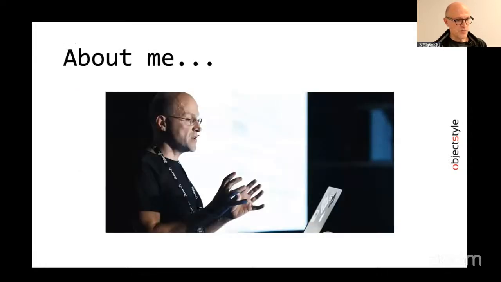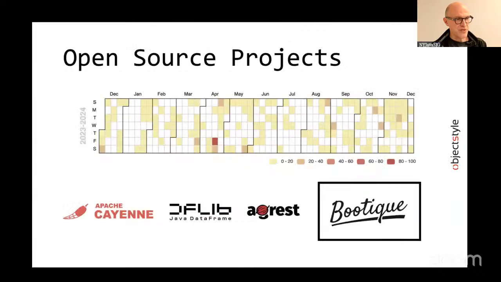Okay, I promised to skip the introduction, but I still want to mention a couple of things. So yeah, I program in Java a lot. I work on these open source projects here. I'm not going to introduce every one of them, but let me just mention that one of them, DFLib, is used to render this heat map that I use instead of the normal green tiles that you would get from GitHub.